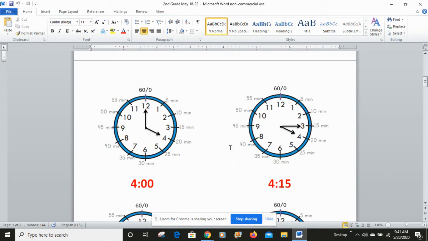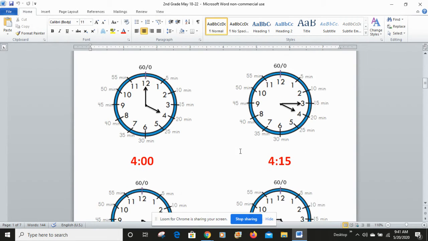So let's look at that with it broken down into the minutes a little bit more. Remember, when the minute hand points straight up, we're talking about on the hour. So you can see that it's pointing up at the top to 12, and the hour hand is pointing to 4. So it is 4 o'clock. When that minute hand moves from the top over to the 3 or the 15-minute mark, we say that it's 4:15.